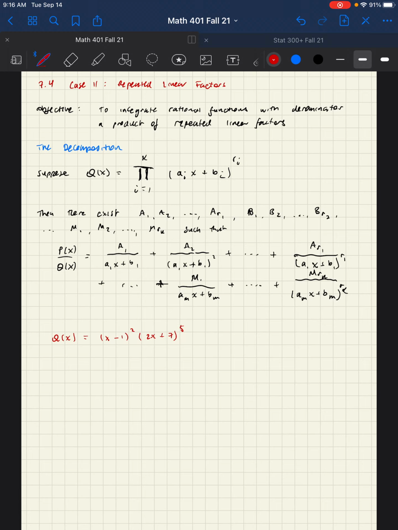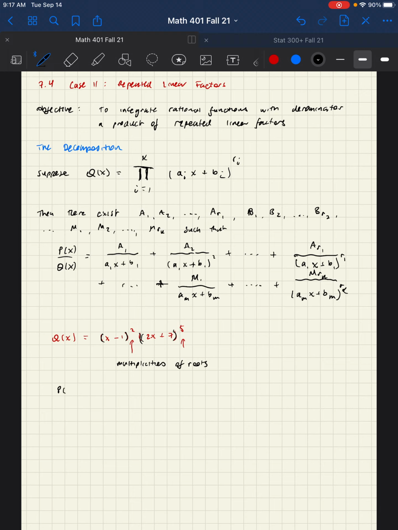So that means that we're going to focus on these powers, right? These powers really are what we call the multiplicities of the roots. So each of these sets of parentheses gives us a distinct linear factor, and the power is what tells us how many of the iterations we need to produce.